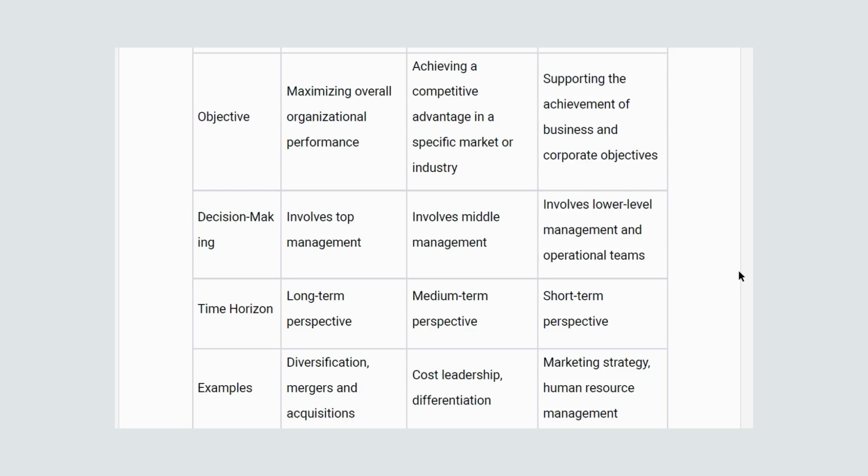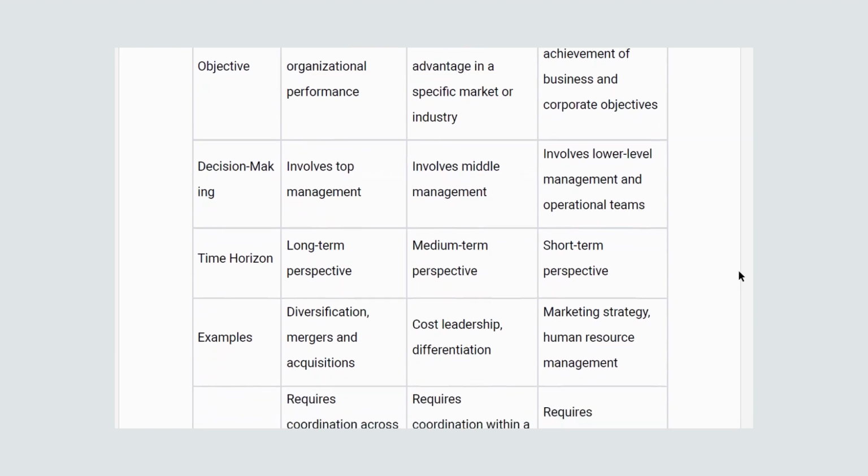The time horizon for the corporate level will be long term, because they focus on the organization as a whole. For business level strategy, the time horizon will be medium term, and in functional, it will be short term.